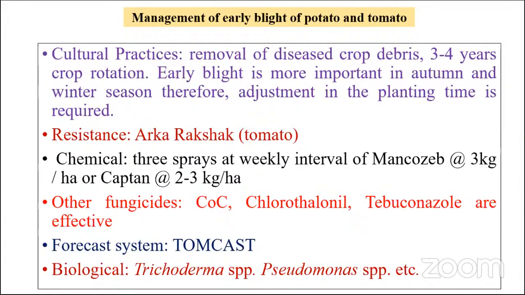Tomcast is one of the forecast systems followed. In the forecasting system we come to know when there will be a drizzle, when there will be cloudy weather, and when there will be a change in climatic conditions. Based on this, we can devise strategies for the control of early blight of potato and tomato.